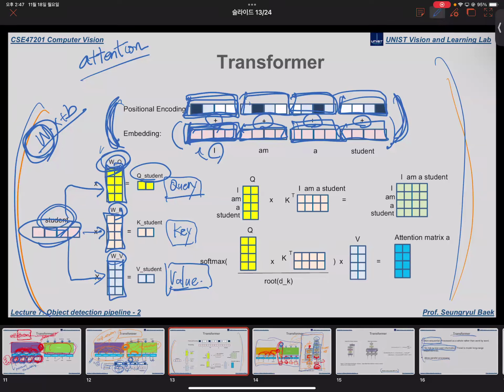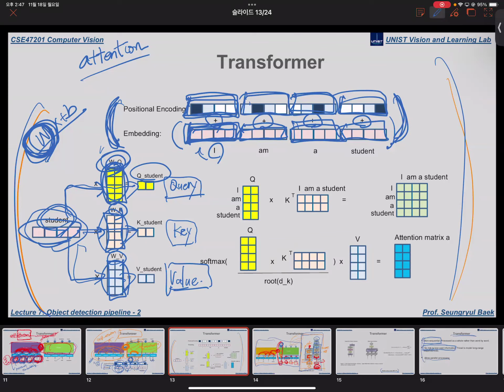So we multiply three different weight matrices, which correspond to this linear layer, and transform the same word vector into three different feature vectors.